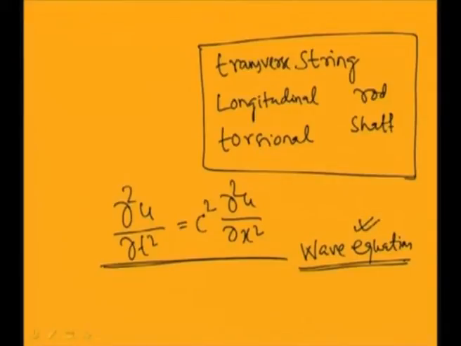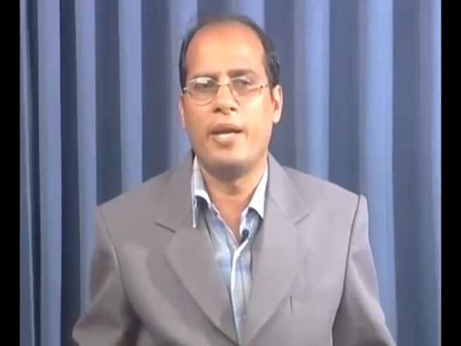Before proceeding further, you should know that the response of the system will depend on the boundary conditions of the system. In case of a string, it will depend on how the ends are fixed. In case of rods and shafts also, it will depend on how the end conditions are. So in case of longitudinal vibration of rod, let us see the boundary conditions.